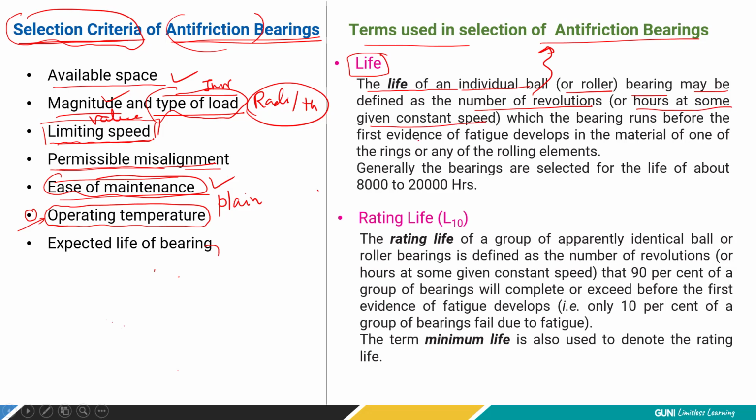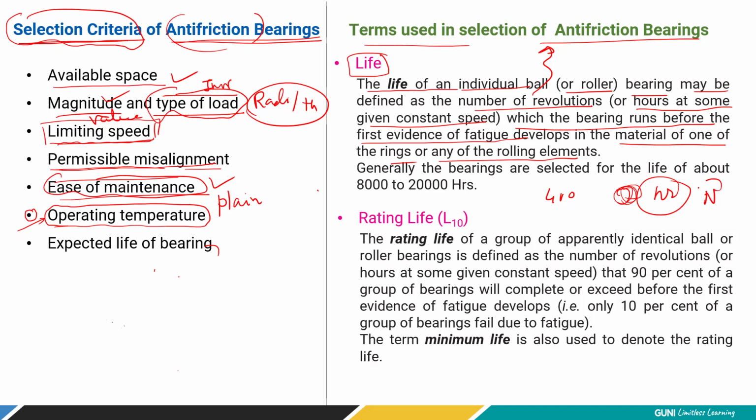Let's say it is rotating at 400 rpm. The machine is rotating at 400 rpm constantly, carrying a fixed load, right? So the bearing runs before the first evidence of fatigue develops in the material of one of the rings or any of the rolling elements. So here it is trying to say how many revolutions a bearing completes, or how many hours it rotates at constant speed.